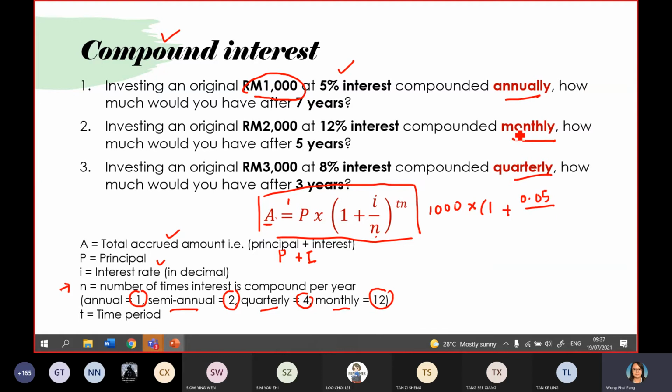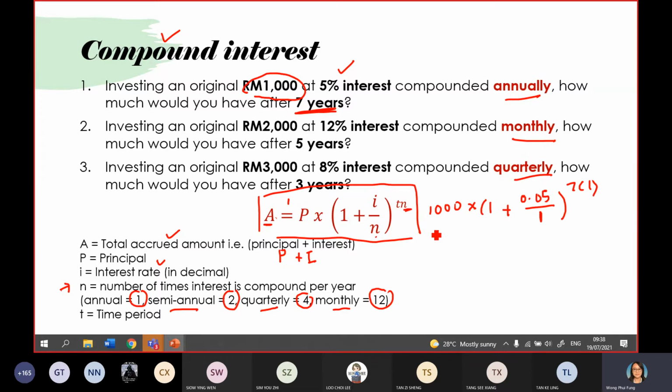So question number 1 is annual, means they only compound 1 time per year. T is the time period, the years, 7 here. How much will you have after 7 years? So time is 7, n is 1.